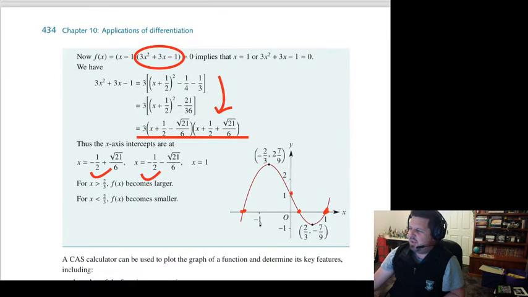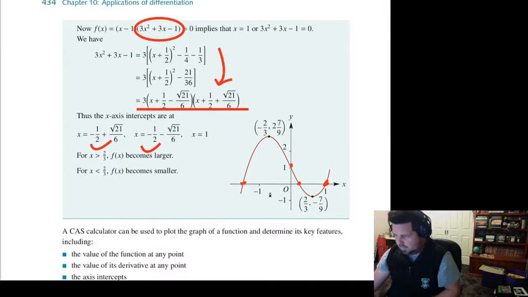So you can see the shape of it, making sure it goes through those points, but also we had the turning points from the stationary points that we worked out beforehand. Cool, so there's a little bit involved there, but again, this is achievable.